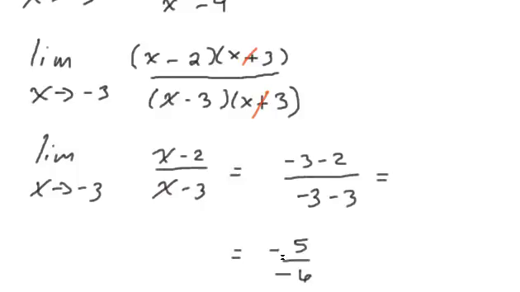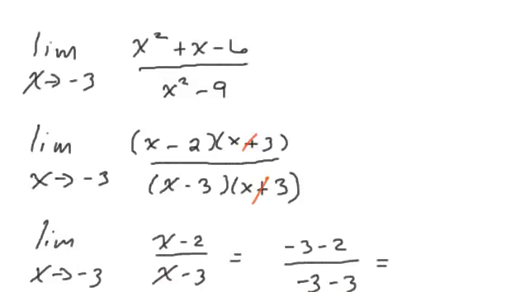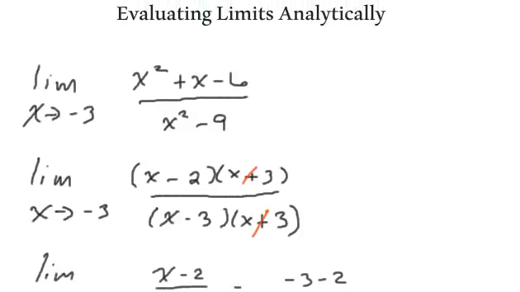And of course we have a negative over a negative, so that's going to cancel out. And our final answer is going to be a +5/6. So we can come up here now and say that our original limit is equal to 5/6. Easy enough.